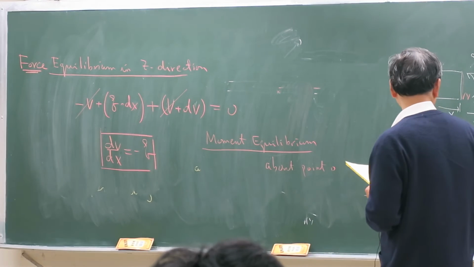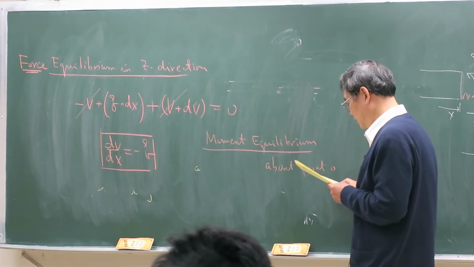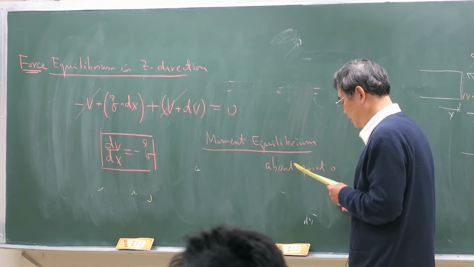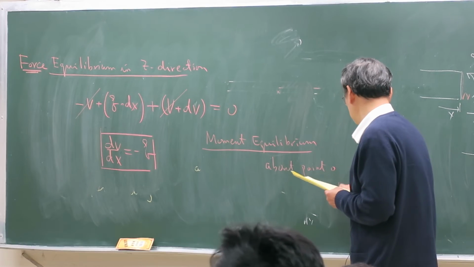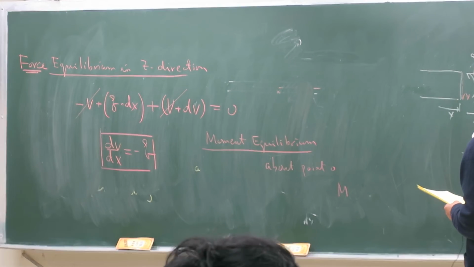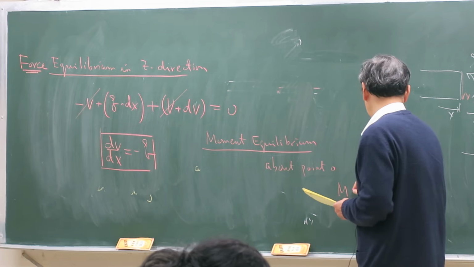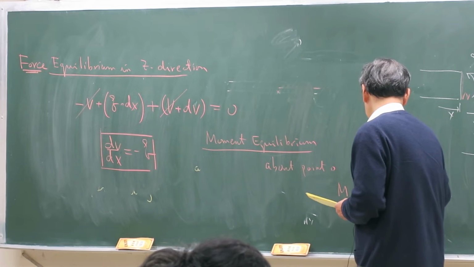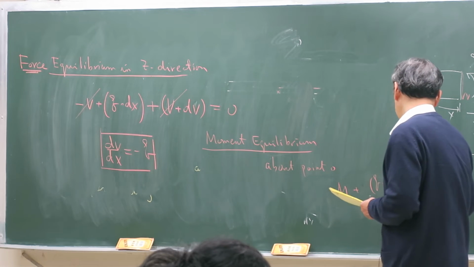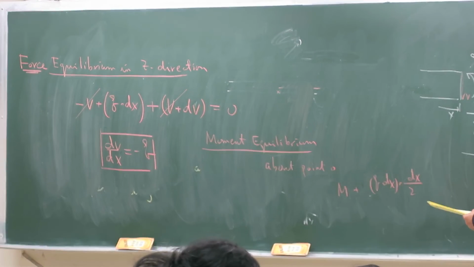So we have clockwise moment m, right? And plus the q dx times the moment arm, which is half dx, because we have an equivalent force q dx.